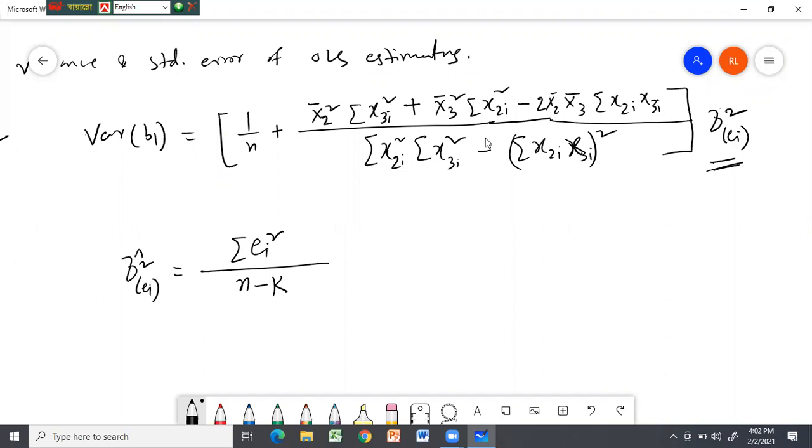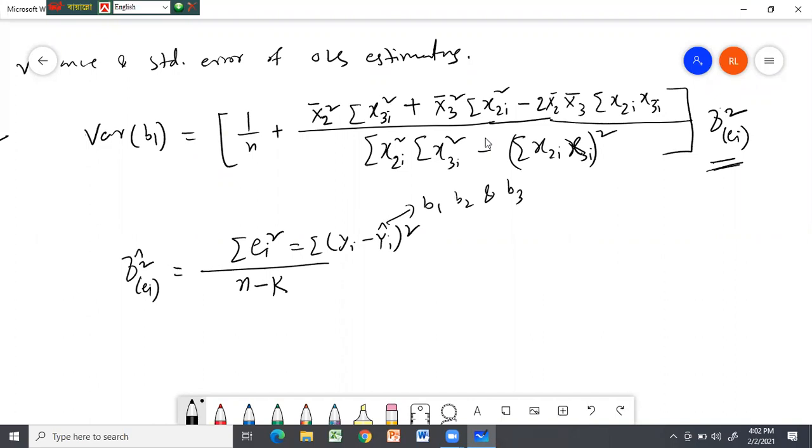Because when we calculate the summation of e_i square, which means the summation of y_i minus y_i hat, whole square, e_i square can be calculated once we know y_i hat, and y_i hat is calculated with the values of B1, B2, and B3.